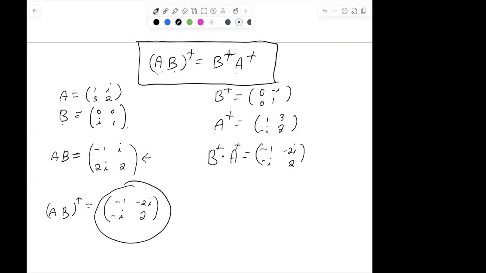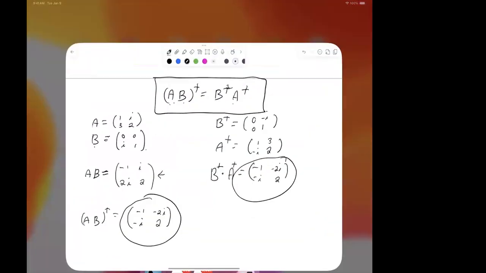So let's take the original B and transpose conjugate it. I get this. I do the same thing with A, and I multiply it the other way around, and of course I get the same result. Very easy to prove, 3 lines of a proof, but it's a very, very important thing to remember because we will use it a lot.